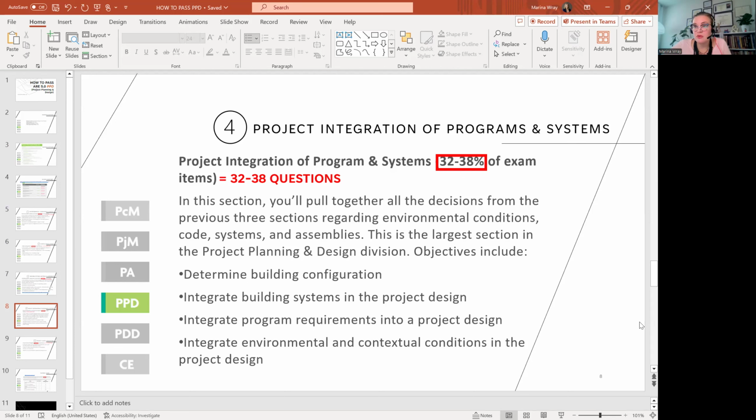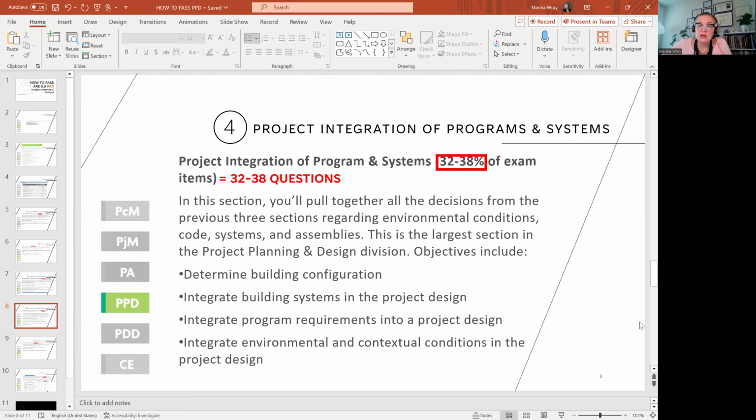You always have to think about the worst case scenario. So the worst case structural load, the worst case fire situation, right? If it's maximum occupancy and the building goes up in flames, how will people get out? You always need to think about that when you plan your building.